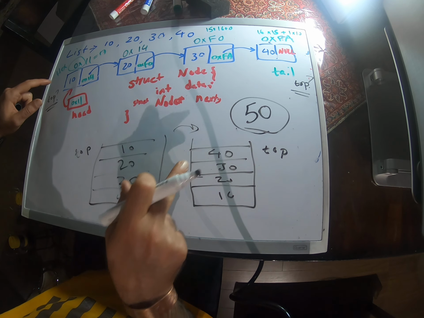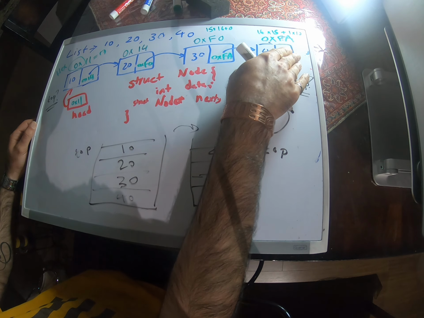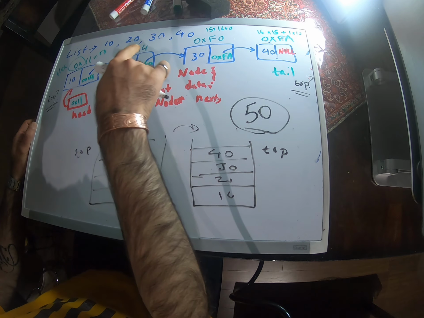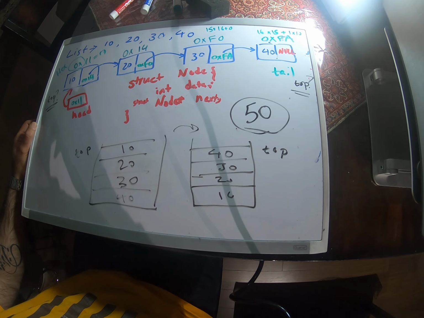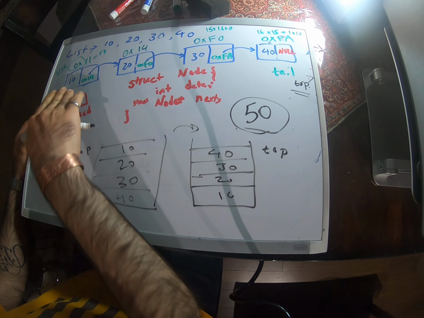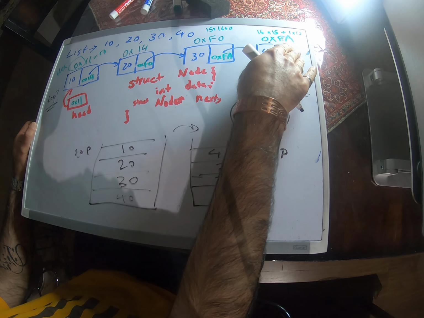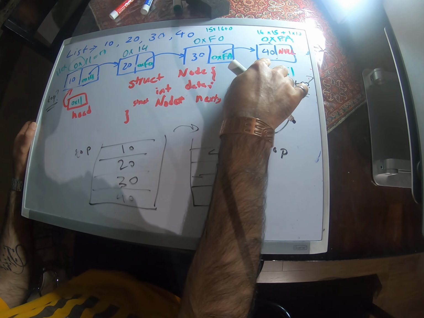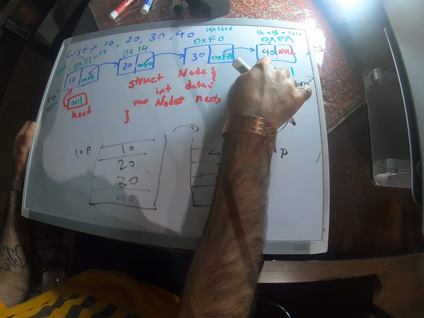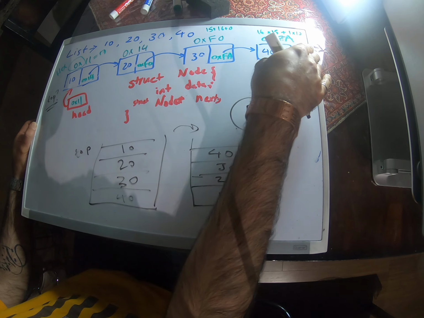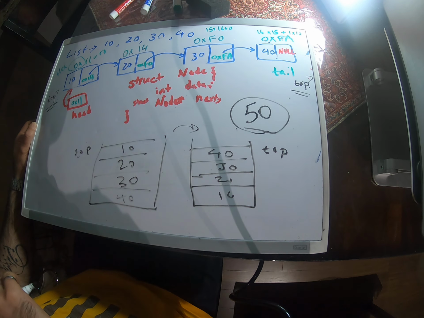If we want to insert an element here, we have to traverse through the linked list. So we have to go through as many nodes as we have in the linked list, right? If we have 4 elements, it takes us 4 iterations to get to the last node. If we have 40 elements, it's going to take us 40 iterations to traverse through the linked list.